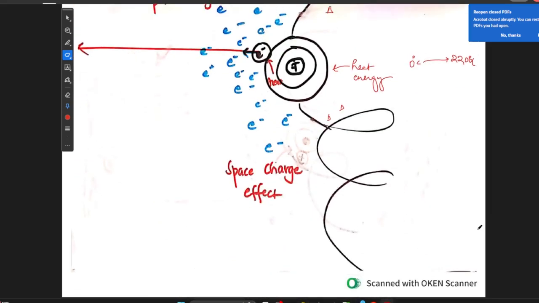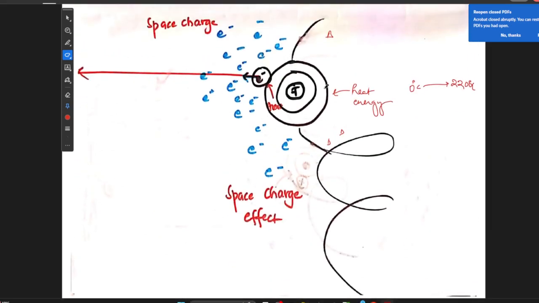When it is heated to 2200 degrees Celsius, the electron gains sufficient energy to overcome this space charge effect and it starts accelerating towards the anode.